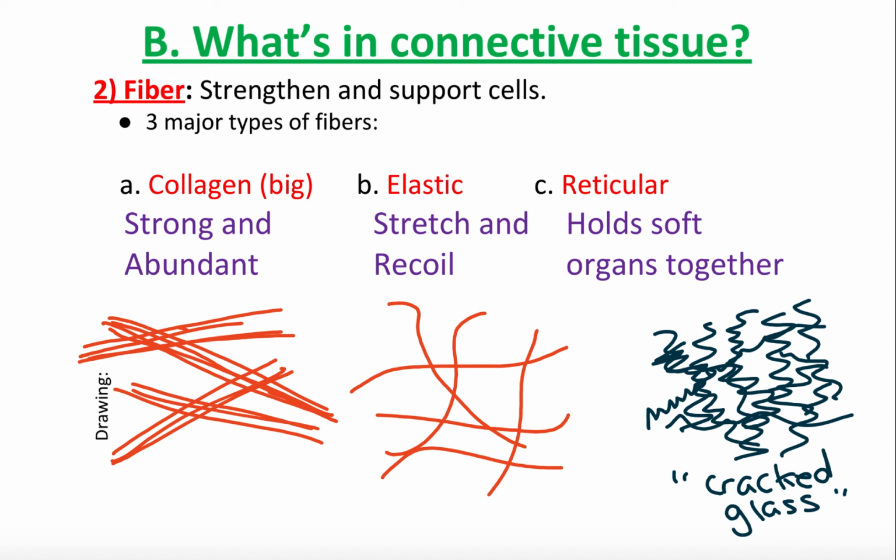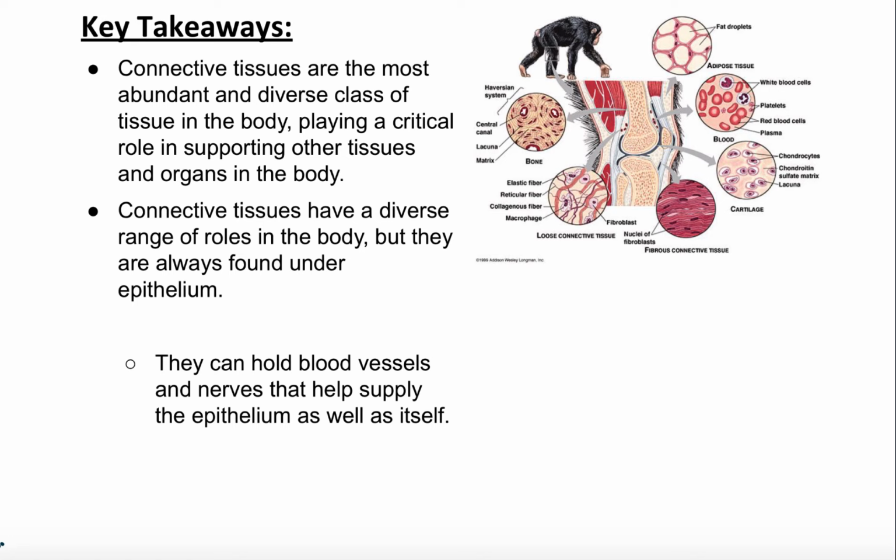All right, so that concludes the lecture. Our key takeaways here: connective tissues are the most abundant, commonly found, and diverse type of tissue class in the body compared to your muscle tissues, your nervous tissues, and your epithelial tissues.